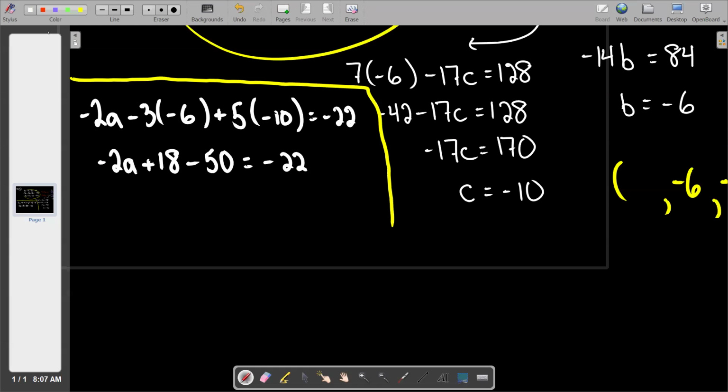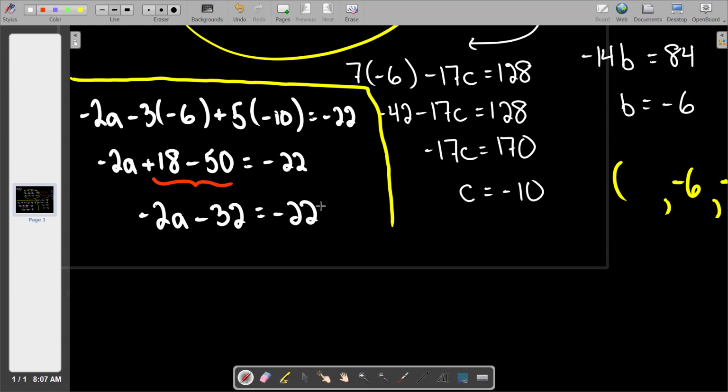You do plus 50 in one step. You should just combine these. The answer is yes, you could, but generally what we math people want you to do is just do all the work on one side first. So just old school 18 minus 50. What do you get? -30. Good job. I love that you have good basic skills. So -2a and then -32 equals -22.